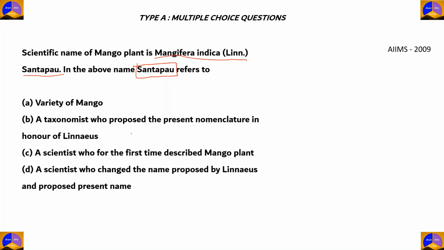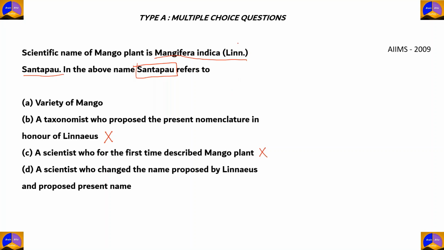Now, let's look at option B. A taxonomist who proposed the present nomenclature in honor of Linnaeus. We all know that that's not the case because Linnaeus himself proposed binomial nomenclature. And since Linnaeus proposed binomial nomenclature, he was the first scientist who described the mango plant.